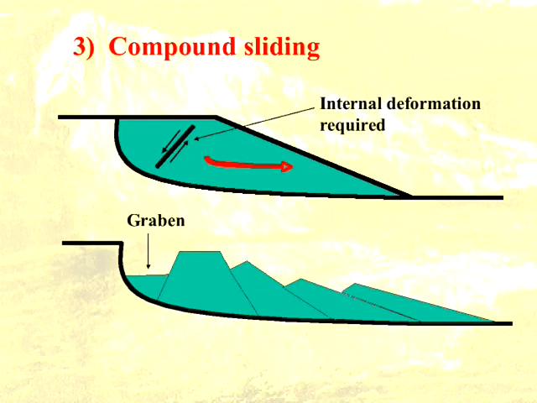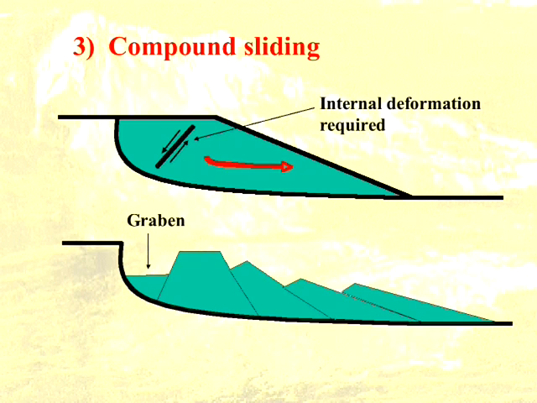But this one is different. Here we have a combination of rotation and translation. We have a sliding surface that's neither linear nor circular. So in order for a sliding movement to be kinematically possible, there has to be strong deformation. John Hutchinson some years ago called these compound slides.